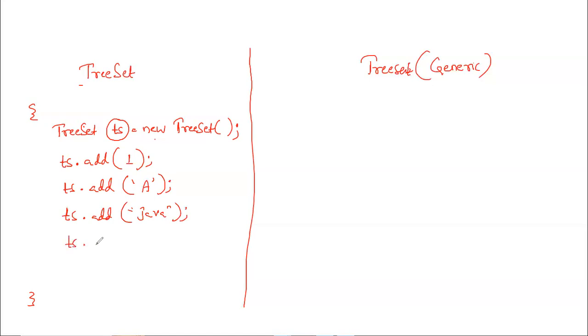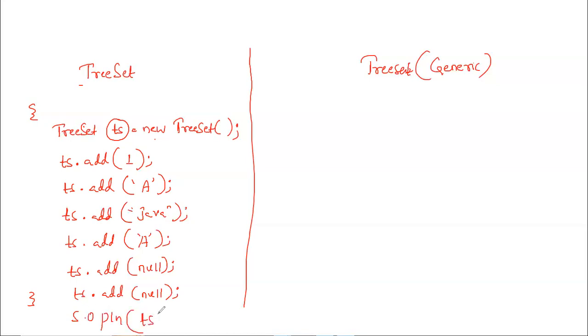Then ts.add, I'm using 'a' again, and also I'm trying to add ts.add with a value called null, and also ts.add with null once again. Then finally, to see the output, I'm just writing System.out.println and printing the object variable name ts.